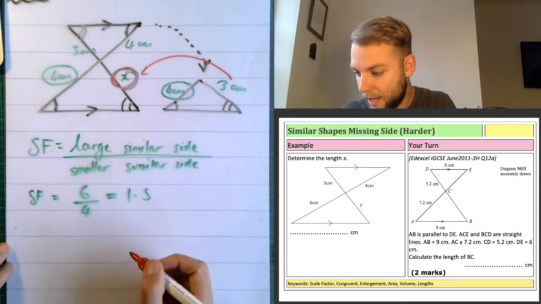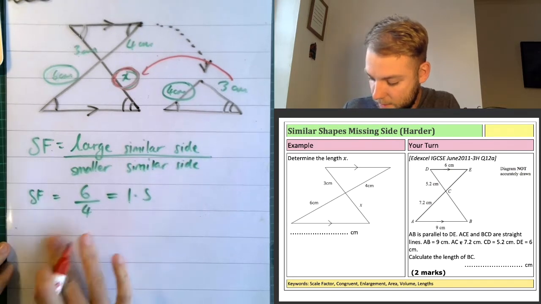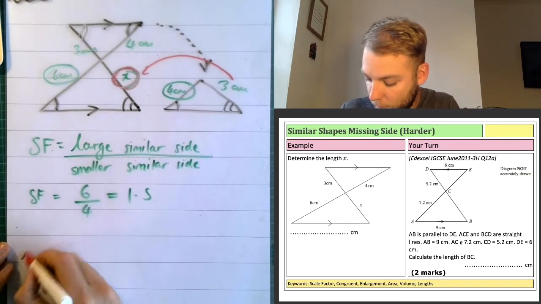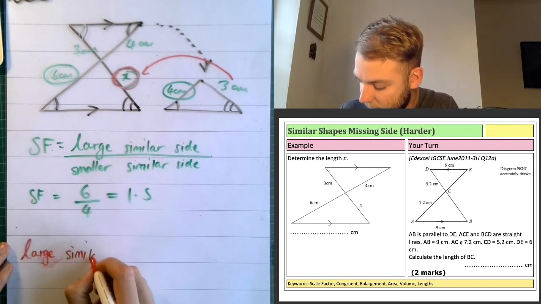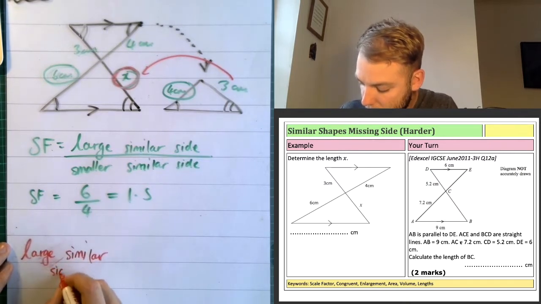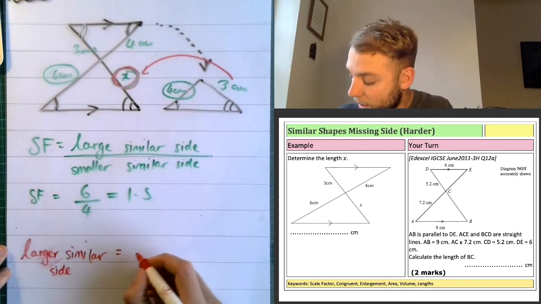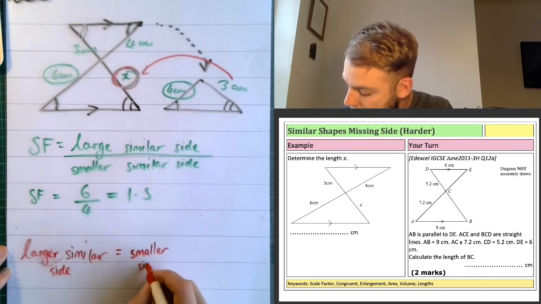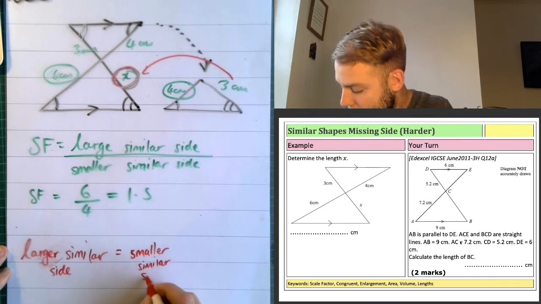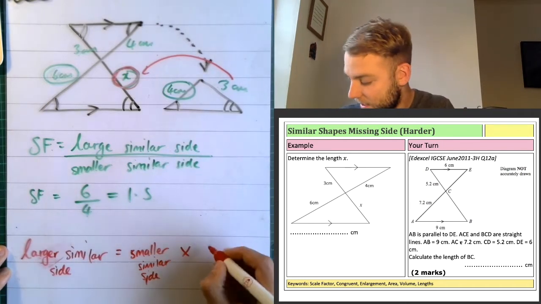So my larger similar side is going to be equal to my smaller similar side times the scale factor, which in this case is 1.5.